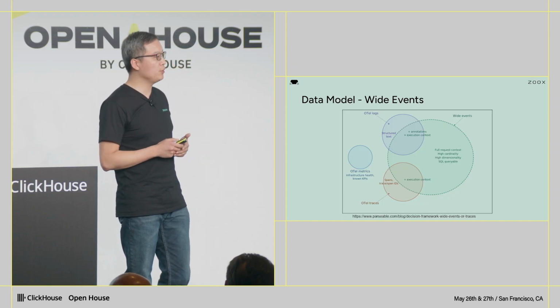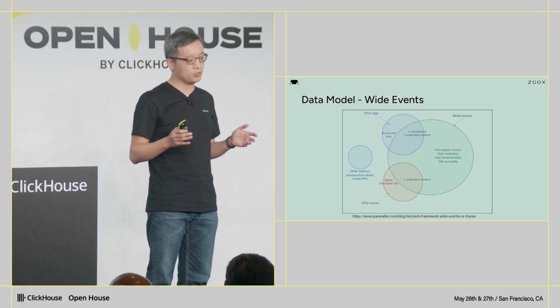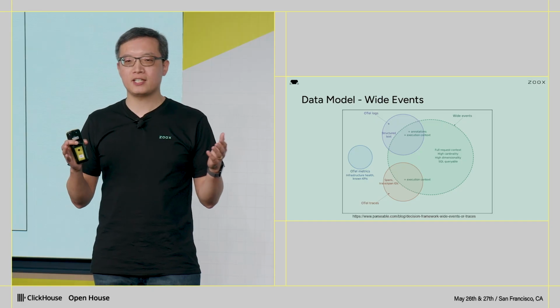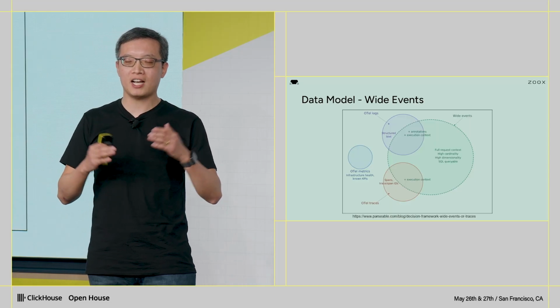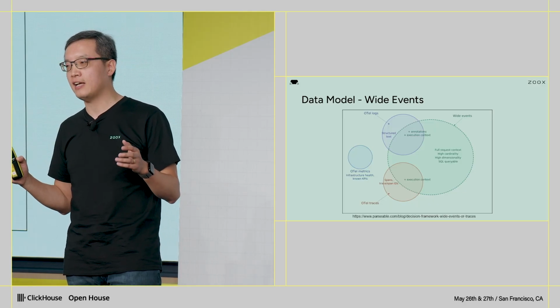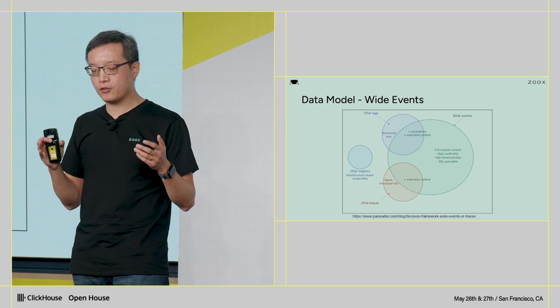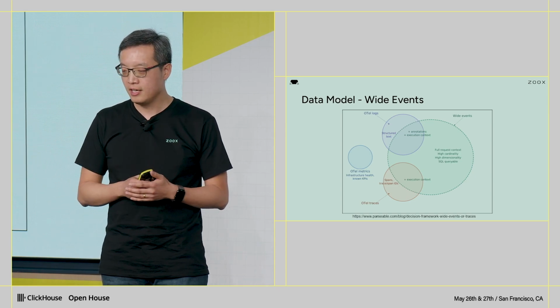For the data model, we use both OpenTelemetry and wide events. OpenTelemetry is the standard, but it has issues when you have very high cardinality data. Wide events are a bunch of fields and values. It prefers short keywords over long English sentences, which is logs.